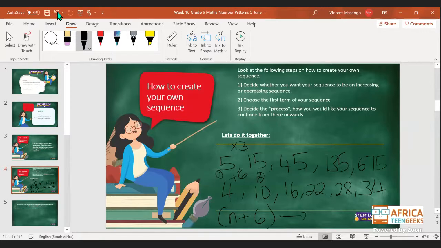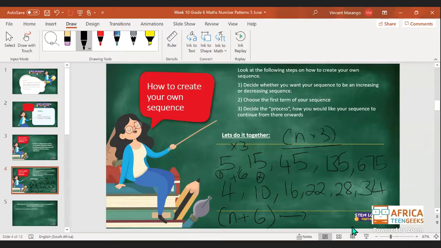All right, and now I'm going to ask you to please find the 16th term of the first one. Sorry, I've just missed that. This is now n times 3. So for this one, it'll be n times 3.